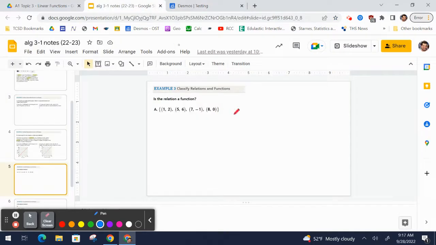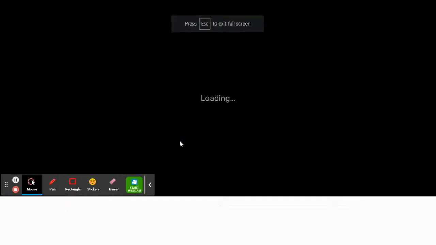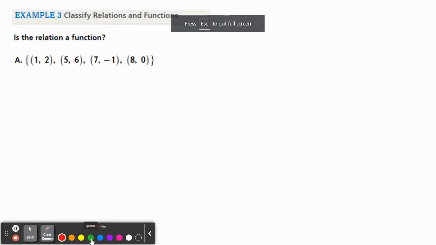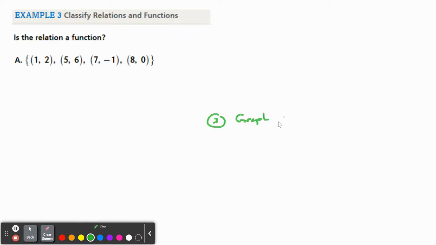All right. So if I come back to our notes here, the third thing I will say in green here would be you could graph it. And really what you're looking for is points that are vertical. So I'm going to put looking for vertical points. So for instance, a point like this and a point like this.